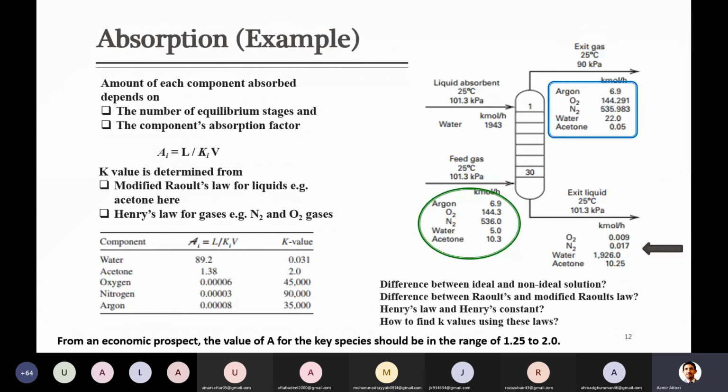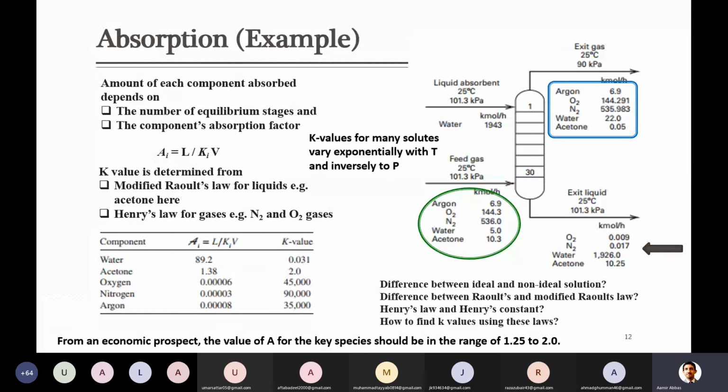As we mentioned, for economic prospect, to run this process economically, if this value is lower than this, definitely this process will not be suitable. In that case, either you have to increase some flow rate or decrease some other flow rate, or maybe you have to switch the liquid to one that can give you a better K value.